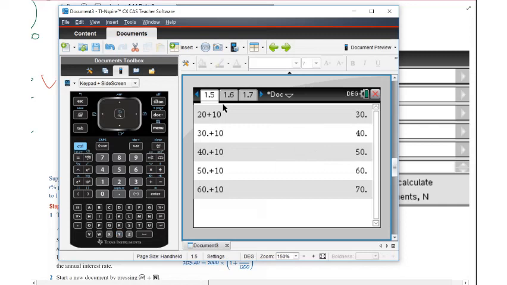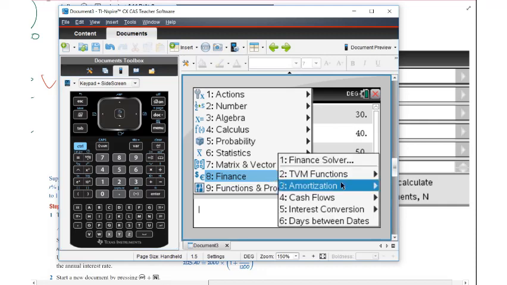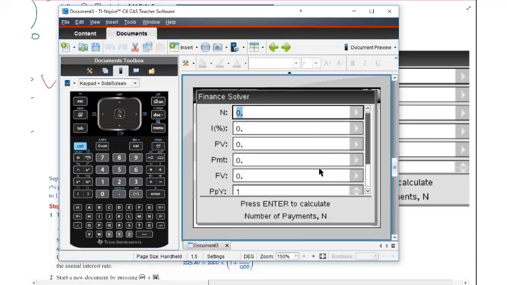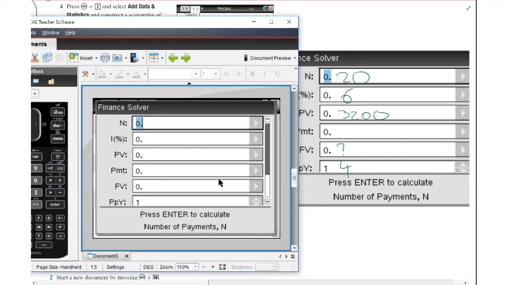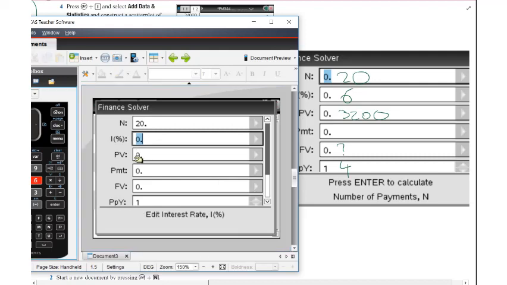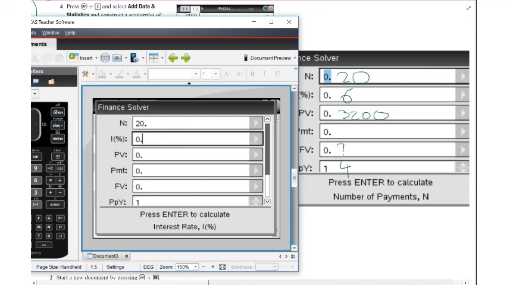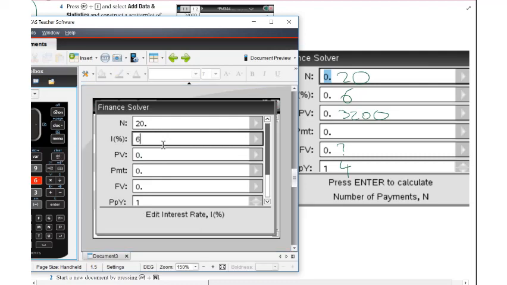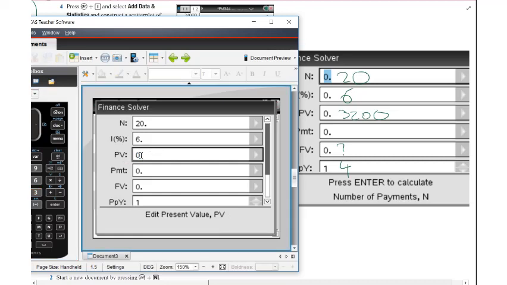So in the calculate part, I go to Menu, Finance Solver, and let's write these numbers in. N is 20, the interest is 6, the principal value is 3200.